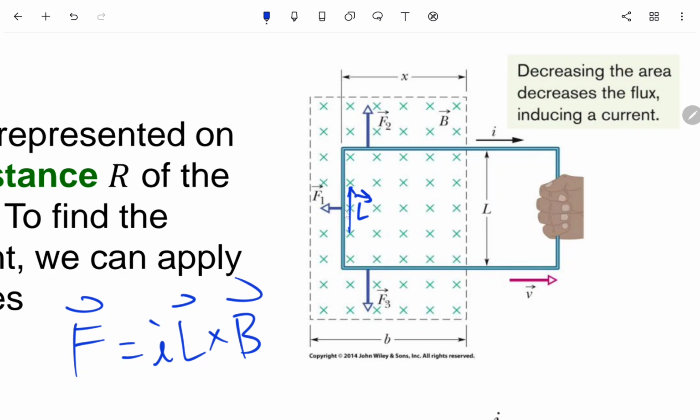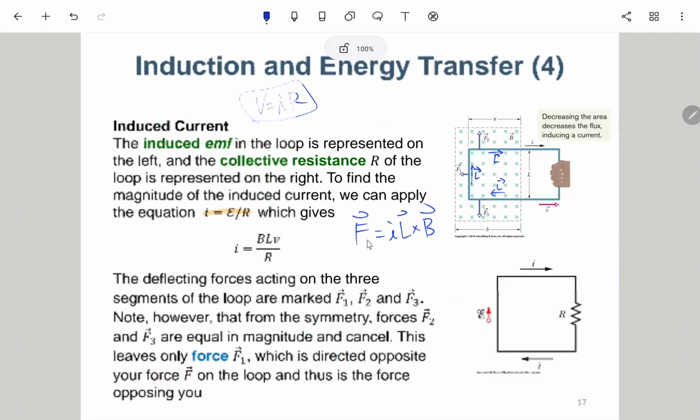Pointing upward and crossing into the page, your thumb is pointing to the left, so F1 points to the left. For the top edge, L cross B gives a thumb pointing upward. For the bottom edge, L is pointing to the left, so L cross B gives a thumb pointing downward. So F1, F2, and F3 point in these three directions.